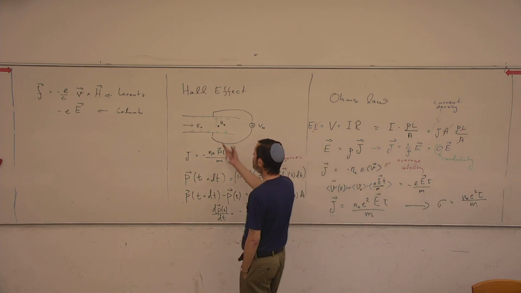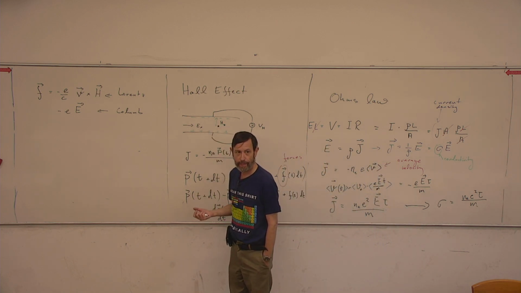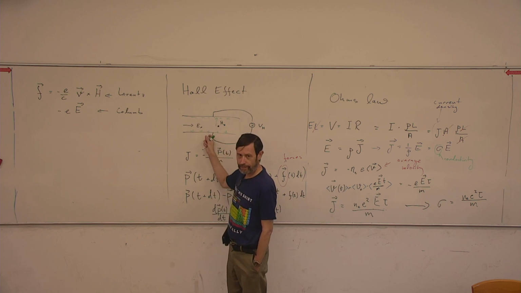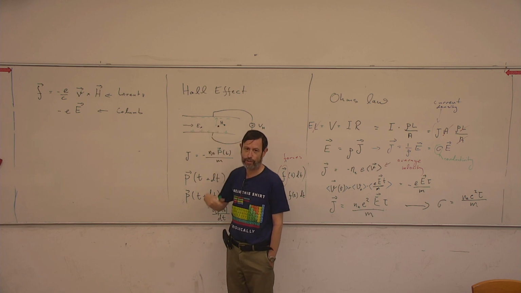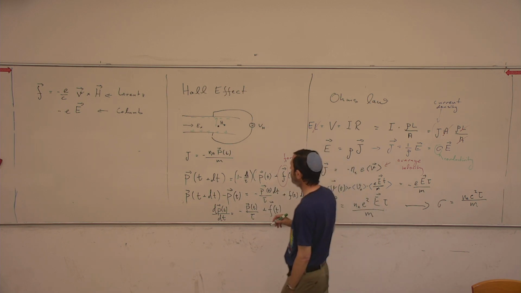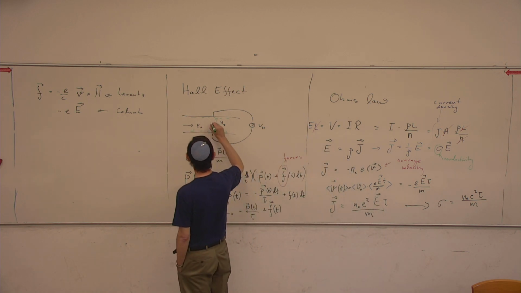And when does it stop? When there are no more free electrons. No, much earlier. When the surface is full of charges, when they create a field that cancels out the force, the Lorentz force. So I don't have only Ex, I have also Ey.